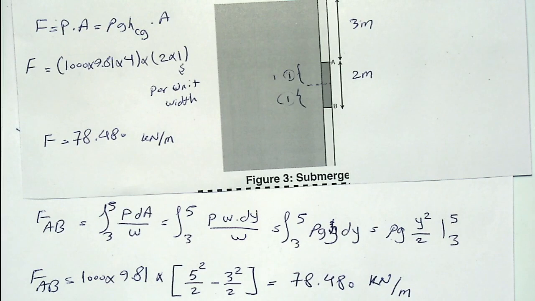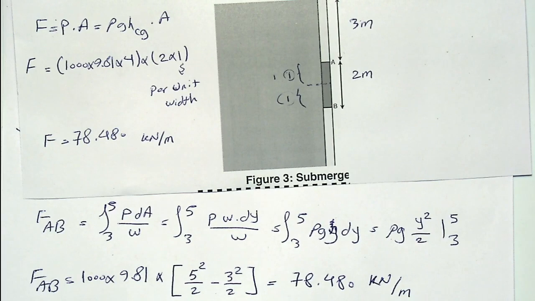So what's the situation where we have to do integration? When the density is not constant, you have to integrate. Is that the density of the water? Yeah, the density of the liquid that you're dealing with.